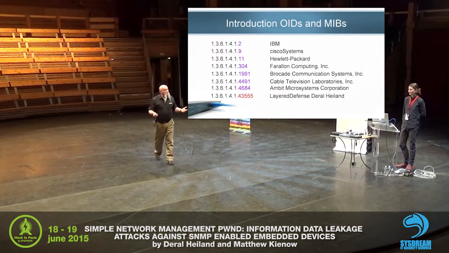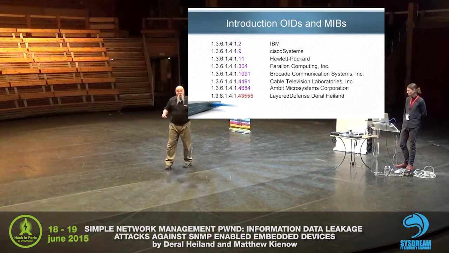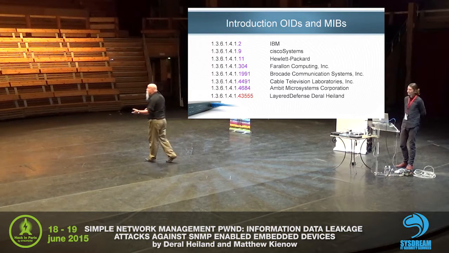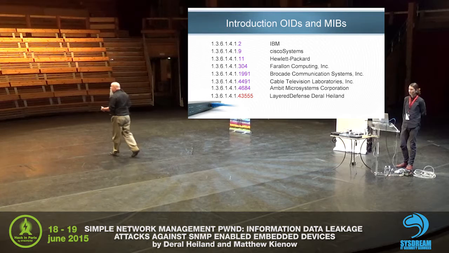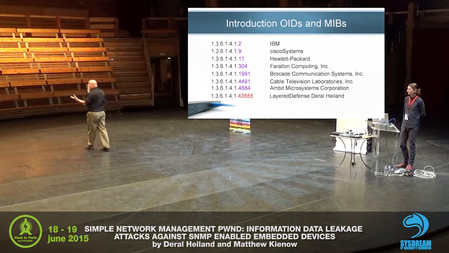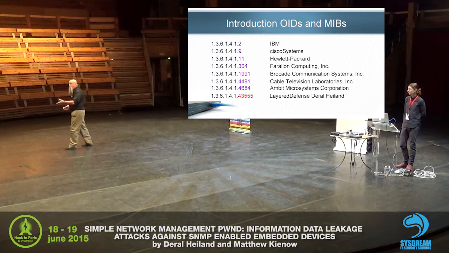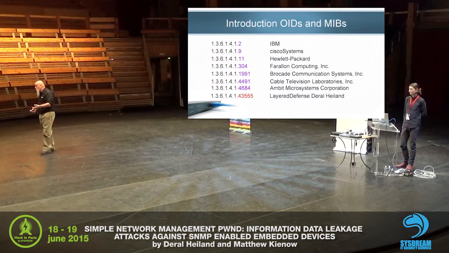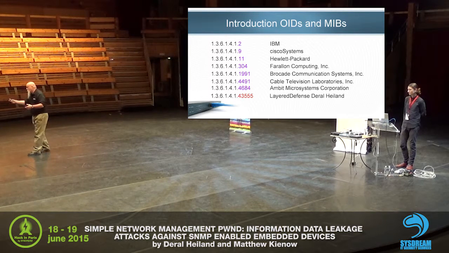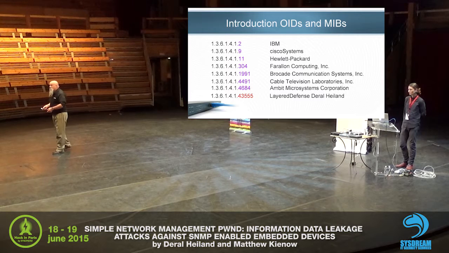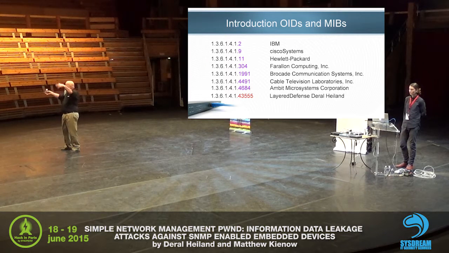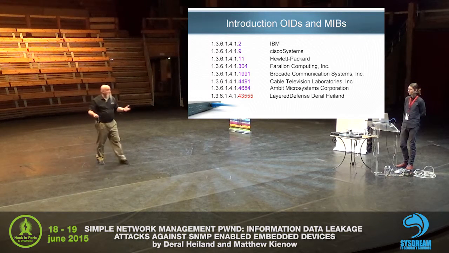And here's a couple examples of IANA numbers that are tied to specific companies, and this is the enterprise MIB for these companies on specific devices they may own. We have a couple examples there. We have IBM, which is at 2. So the companies that are the oldest will usually have the lower numbers.